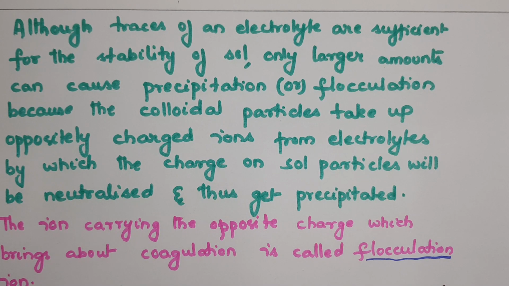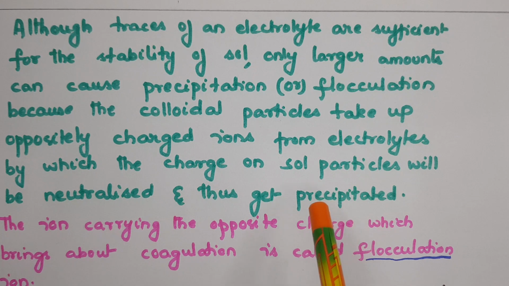Next point, students. Even though smaller amounts of electrolyte are sufficient for the stability of a sol, only larger amounts can cause precipitation or flocculation. Why? Because the colloidal particles attract or take up oppositely charged ions from the electrolytes that are being added, by which the charge on sol particles will be neutralized and thus get precipitated.